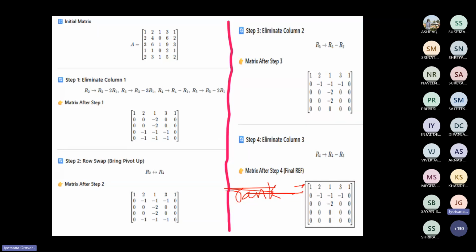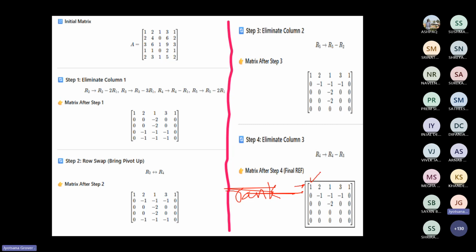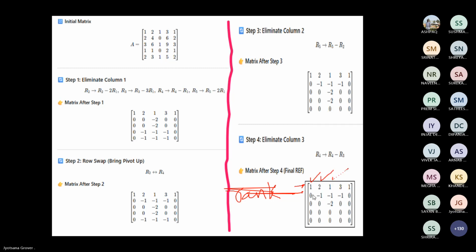So there are 3 independent features, and these are this one and this one, because they contain the leading entries. These 2 columns are dependent. Just digest this concept: rank is equal to the number of non-zero rows in REF, which is 3.